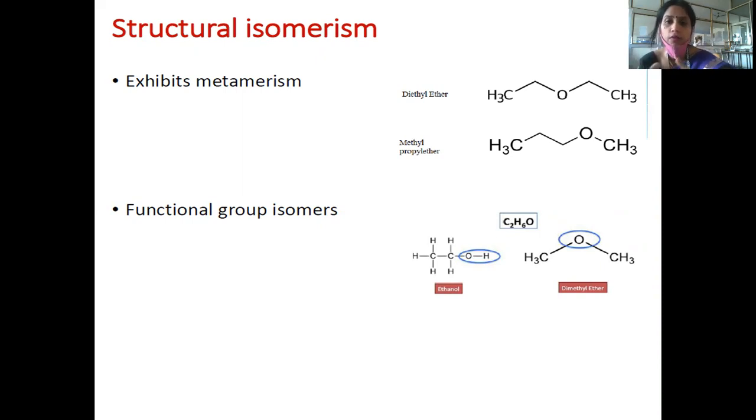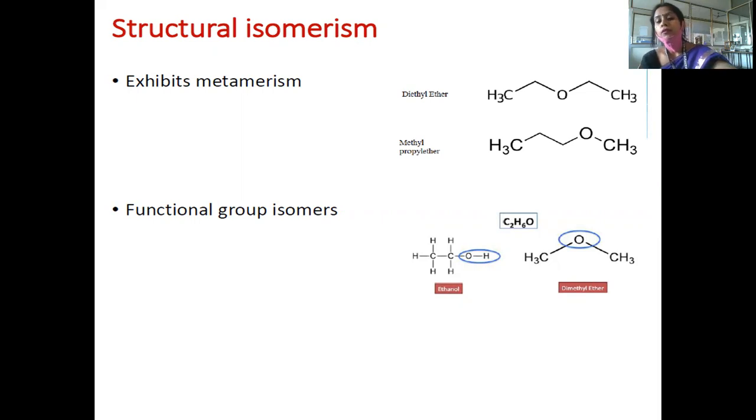If it is different, it will be called methyl propyl ether. If you compare both of them, diethyl ether and methyl propyl ether, the molecular formula is the same, but the arrangement of atoms differs. In one molecule, oxygen has two ethyl groups on either side of it. In the other, it has a total of 4 carbons, but 3 on one side and 1 on the other side. So this is what metamerism is.